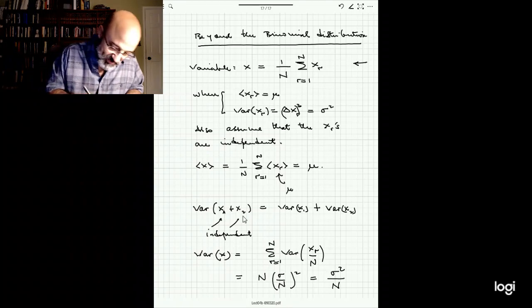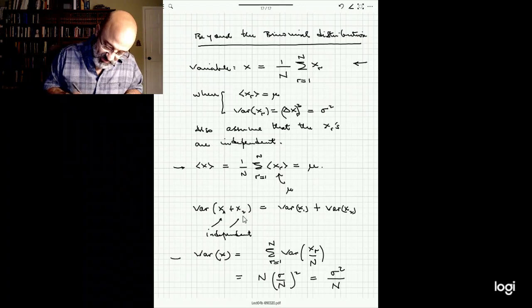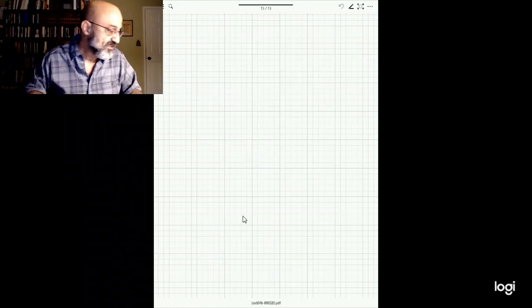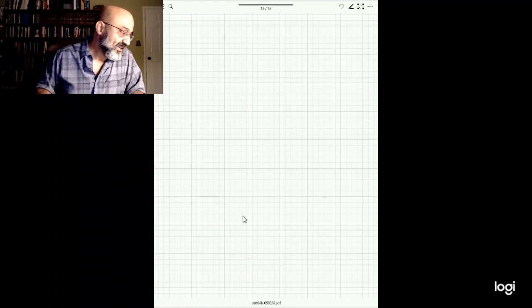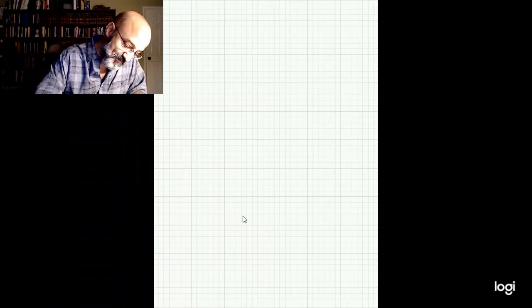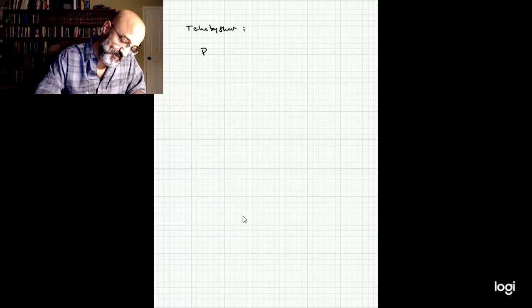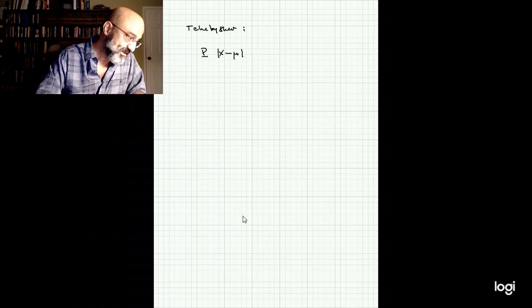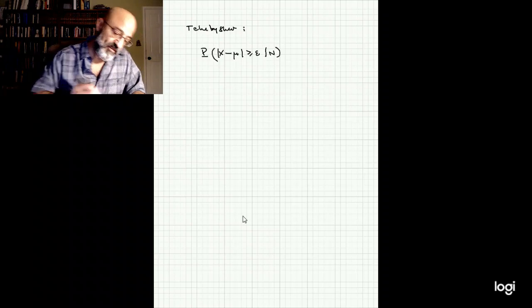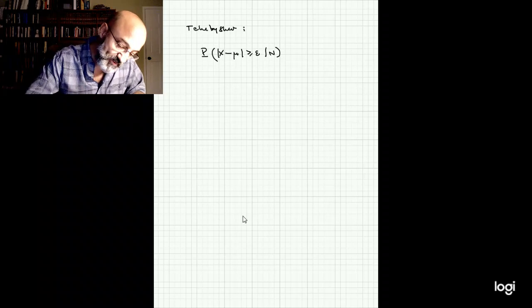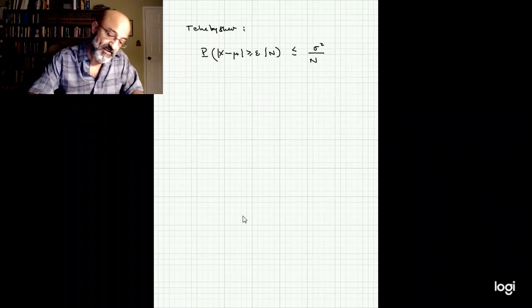Very good. We have the average, we have the variance, and now we can apply the Chebyshev inequality, and we get the following. The probability that the quantity x differs from the mean by something bigger than an epsilon is going to be less than the variance divided by epsilon squared.